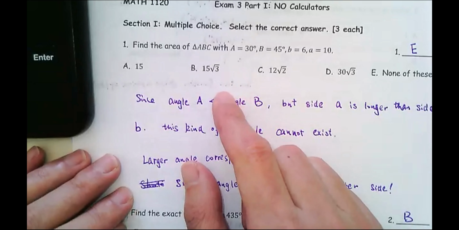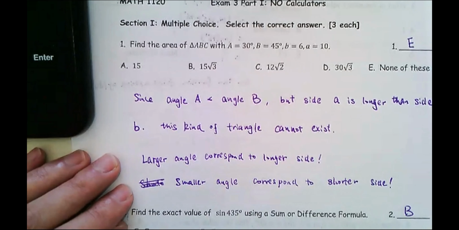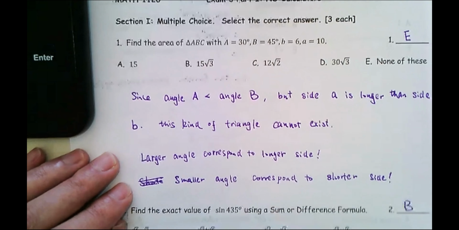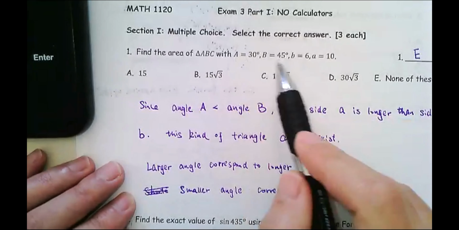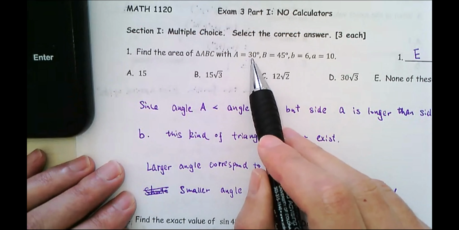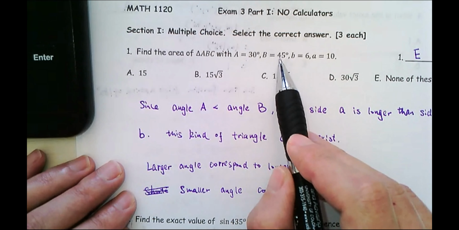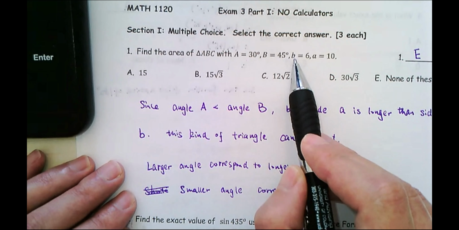Okay, at the beginning of exam 3, I reminded you that some of the triangles do not exist. I hope you still remember what I said. So let's look at this graph. This angle A is 30 degrees, angle B is 45 degrees. However, look at the numbers here.